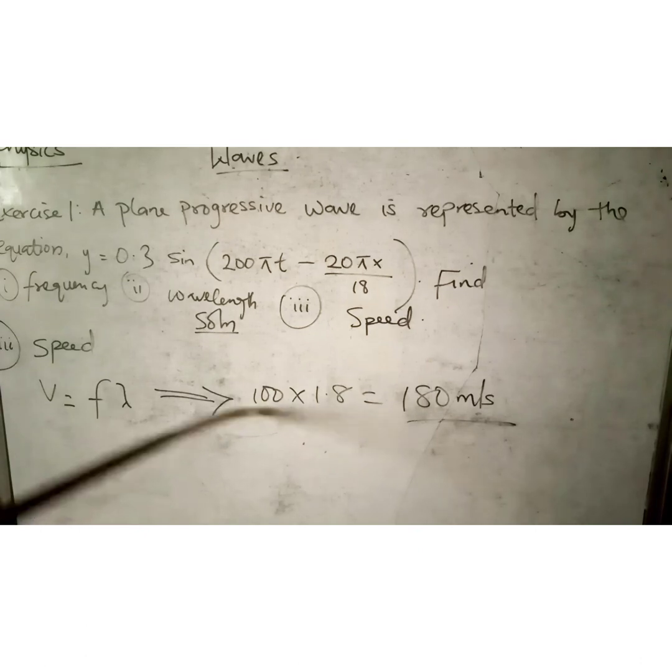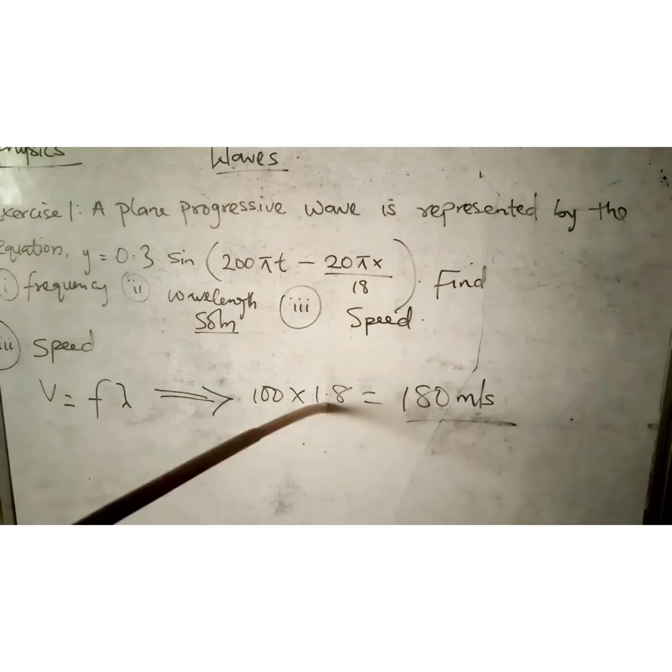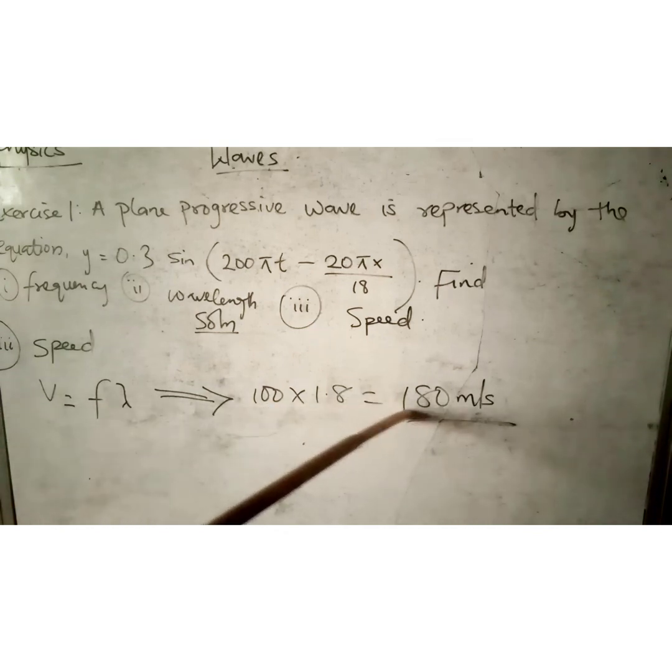That is the calculated frequency, and the calculated wavelength is 1.8. When you multiply the two values together, we have that our speed v is equal to 180 meters per second. That is our final answer for speed.